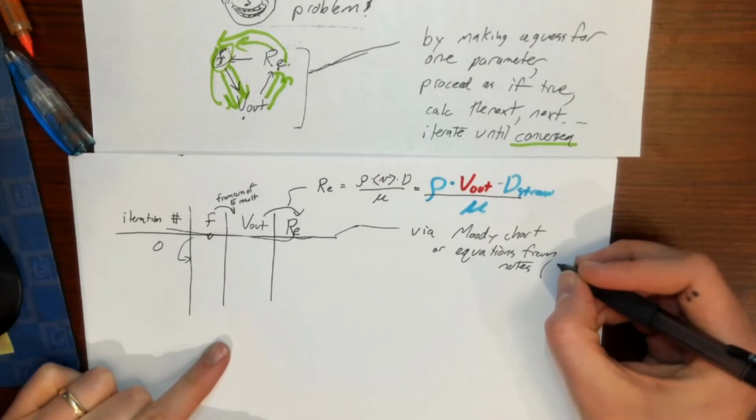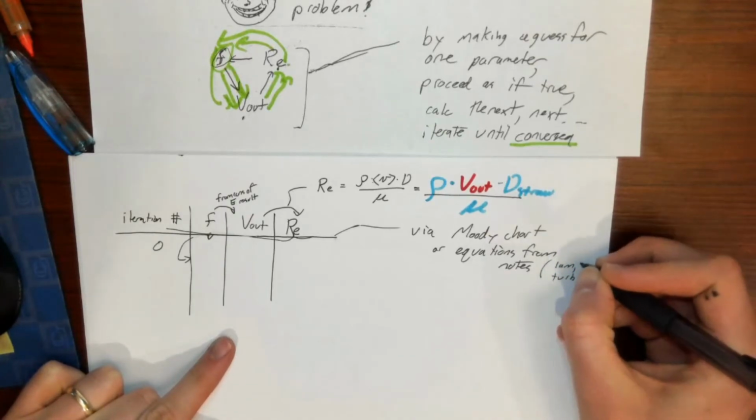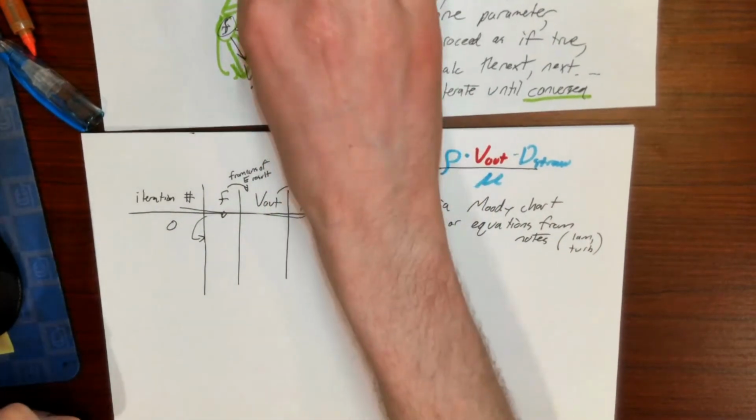For example, there was one that had laminar and one that had turbulent for flow through pipes. So this is our plan.